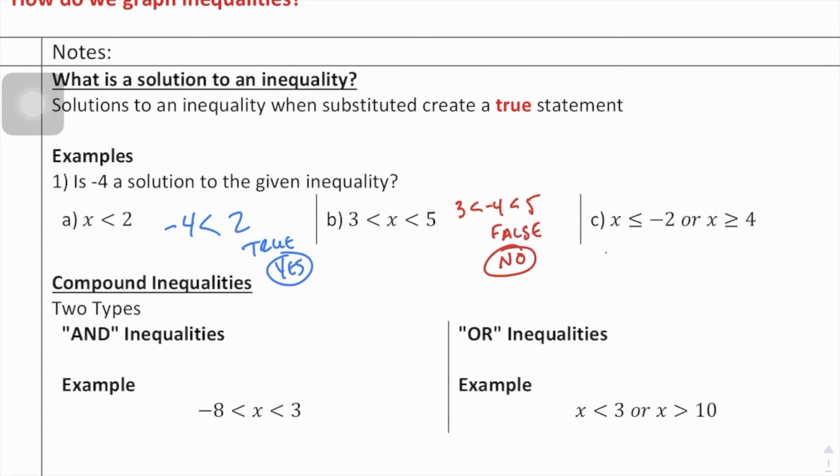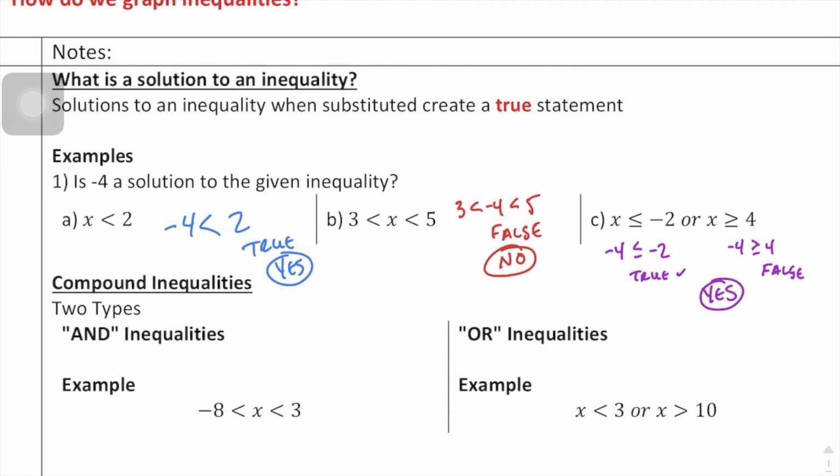And this one, is -4 greater than 4? Well, that one's false. But because this is an or statement, all we need is one of these to be true, then it is a solution. So we got a true statement here, and we can say yes, this is a solution.